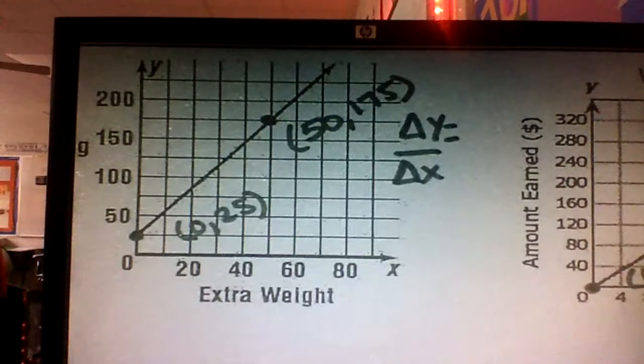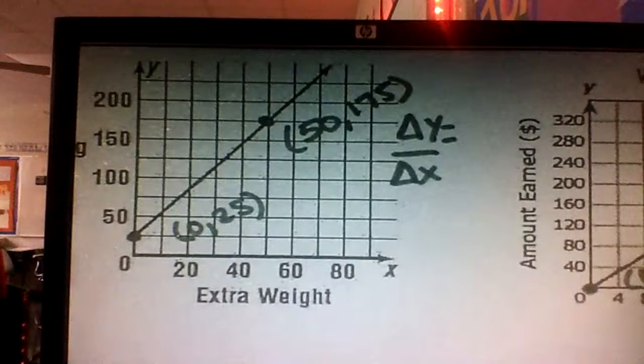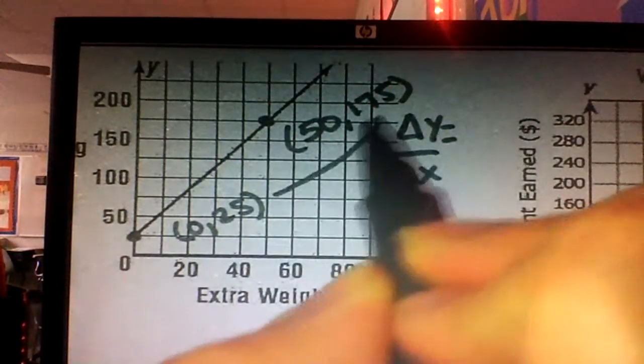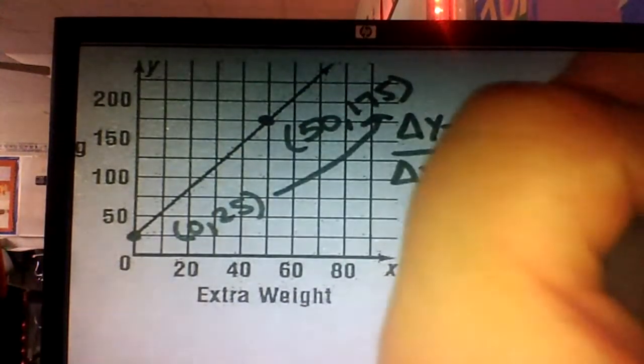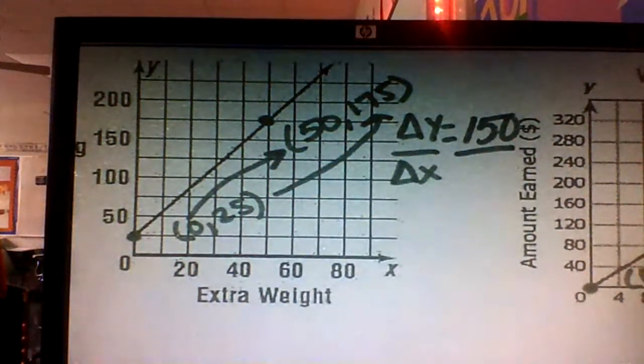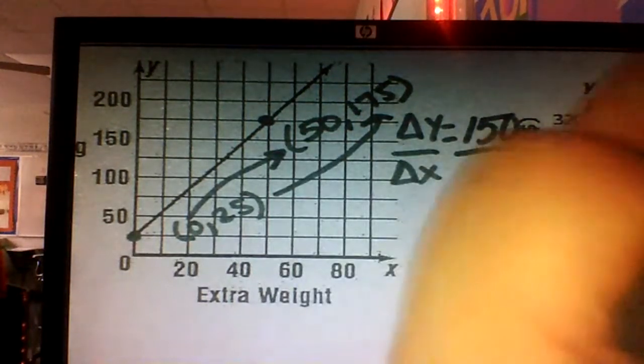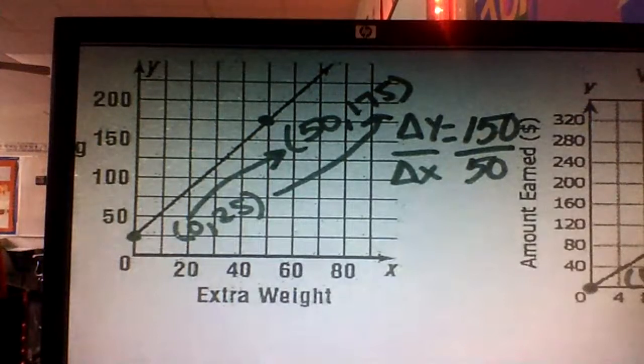What's my change in Y? What value is my change in Y? I'm going from 25 to 175. Increase by 150. What's my change in X? 50. When I divide that out, what do I get?